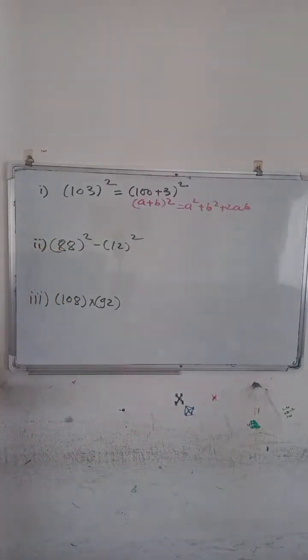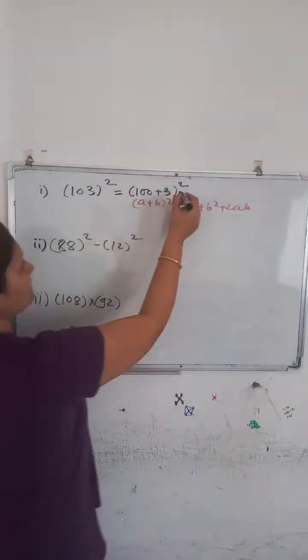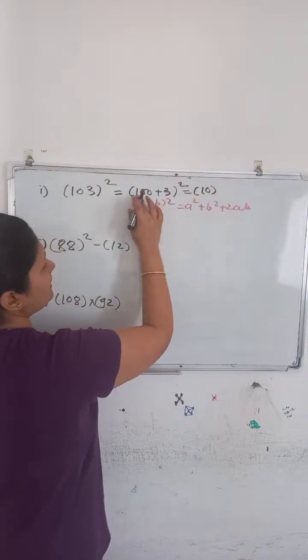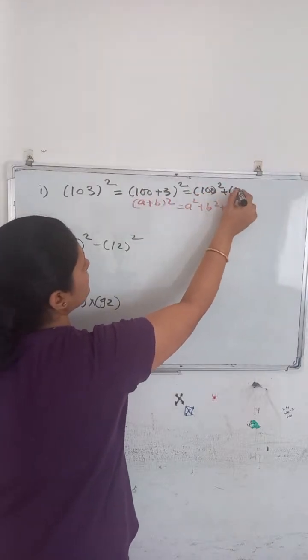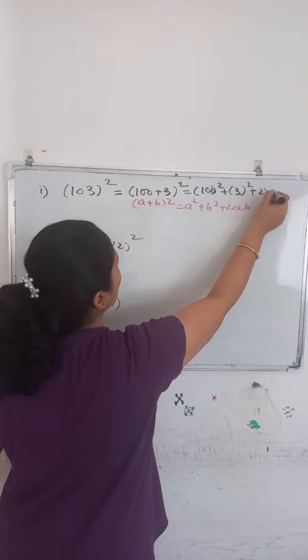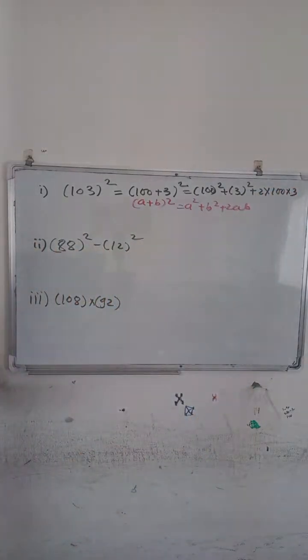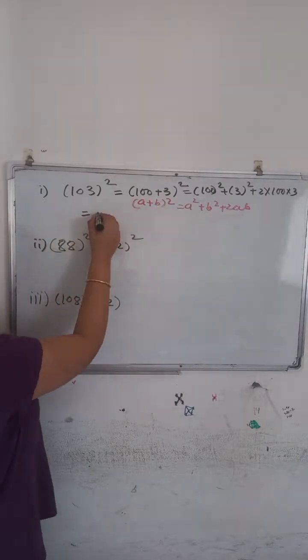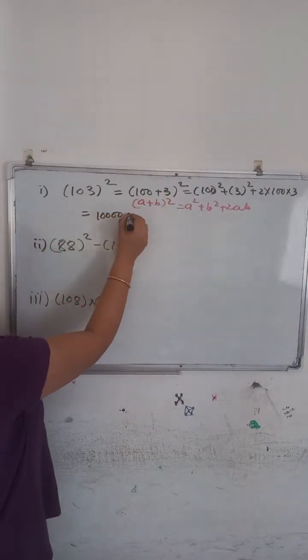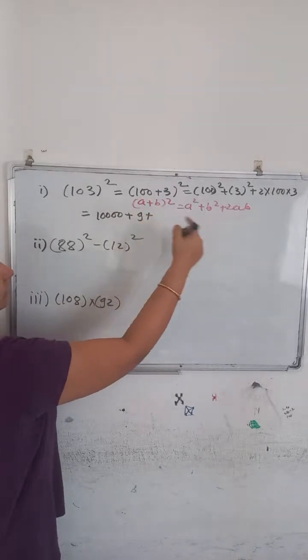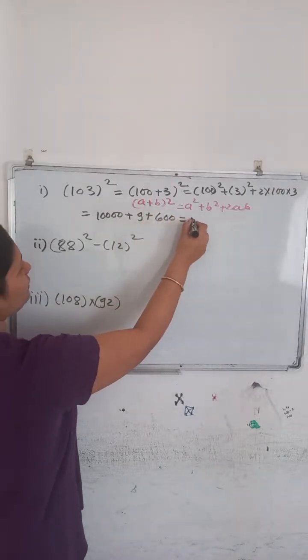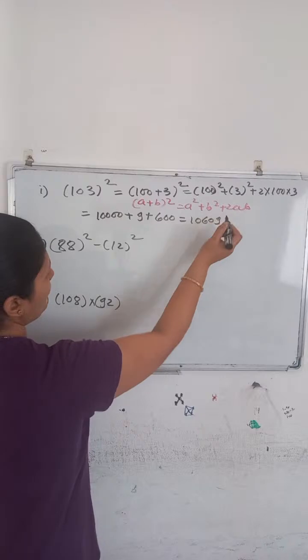This is your identity. Now simplify: 100 square plus 3 square plus 2 into 100 into 3. 100 square is 10,000 plus 9, and 3 2s are 6, 600. So 10,609 is the answer.